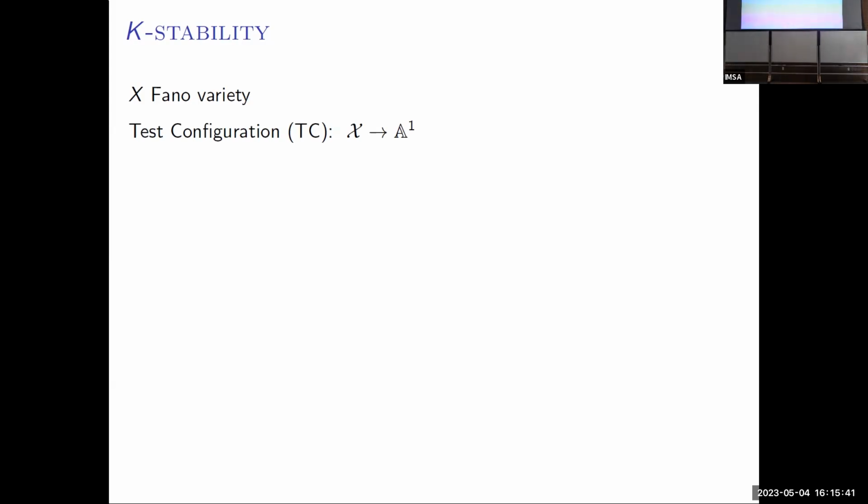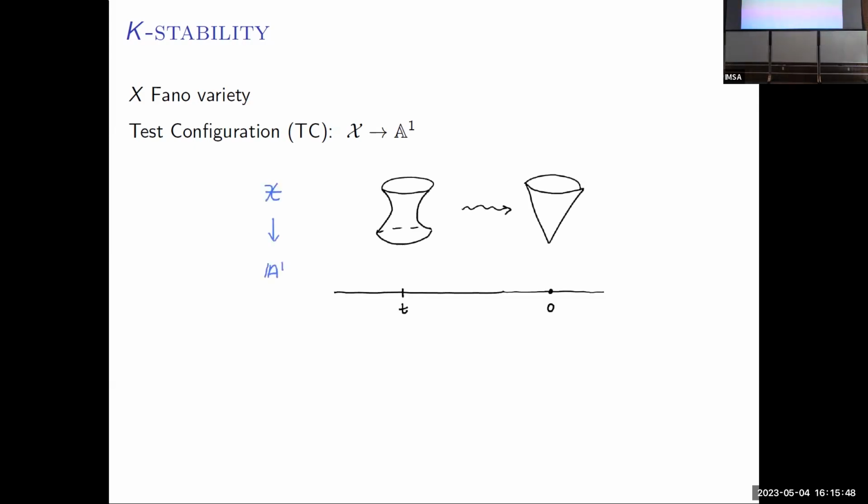So it is a family of projective varieties parameterized by the affine line, with the property that for every t different than 0, the variety X_t is isomorphic to my given variety X. Then over the origin, I have some degeneration.